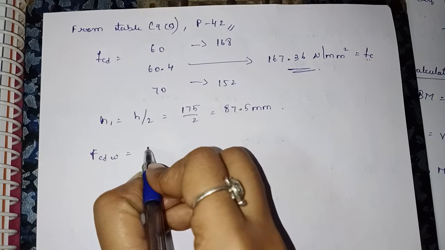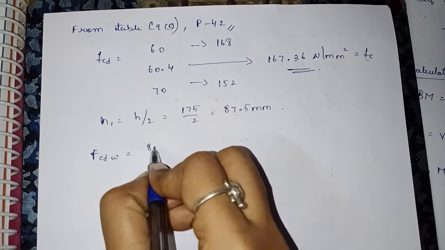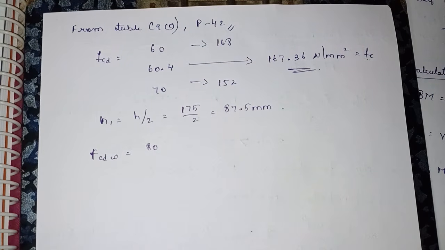So now we'll substitute. B1 is bearing, I'll take it as 80. You can also assume it as 100, and whatever the bearing is given, the complete bearing we cannot give 100 or 150 or 200, like that you can assume.